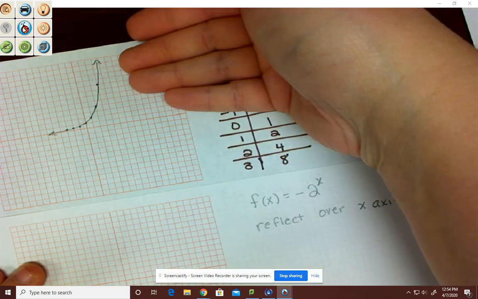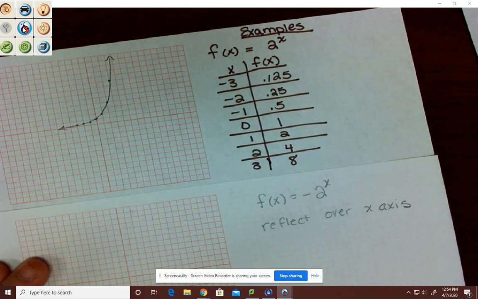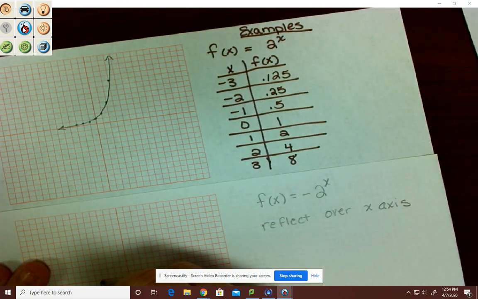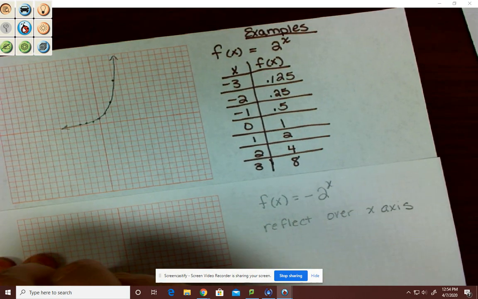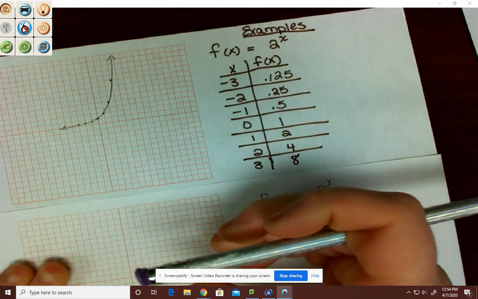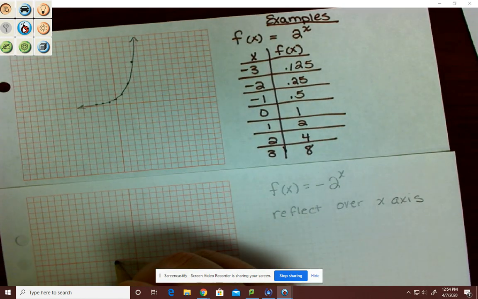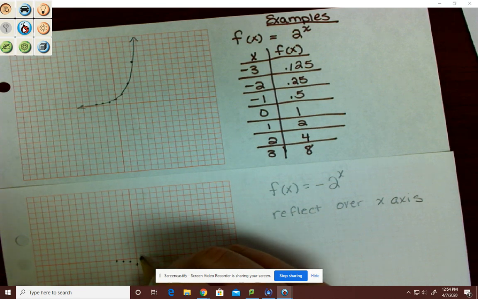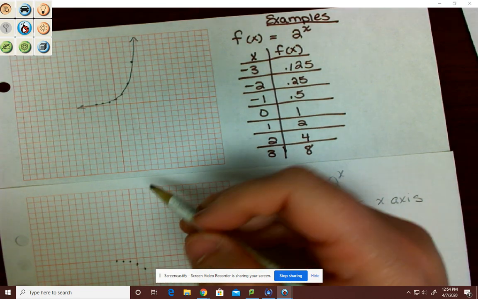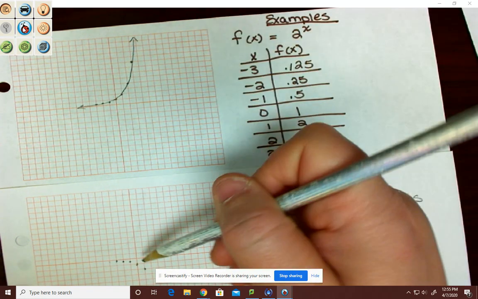So what was above the x-axis will now be below the x-axis. So like this point was 0, 1, it would be 0, negative 1.